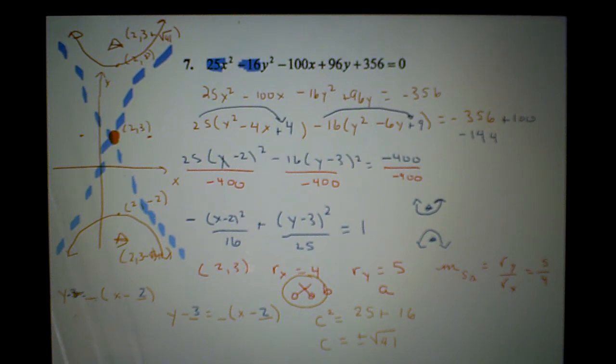So ry is 5 over 4. And the slant asymptote on the other side is exactly the same magnitude. The slope is the same value, but you rose and went left, so negative 5 over 4.